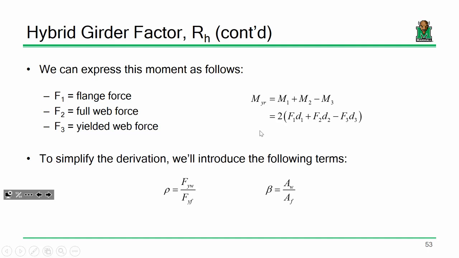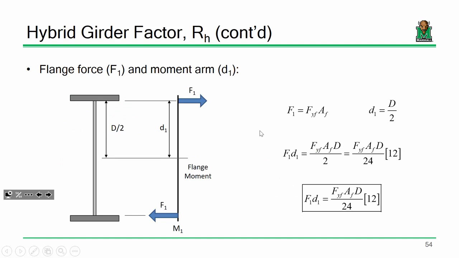I propose that the reduced moment is going to be a sum of those. To simplify this derivation before I get into this, I'm going to introduce the following terms. I'm going to introduce this term rho, which is the ratio of the yield stresses, and this term beta, which is a ratio of the areas, the area of the web and the area of the flange. Sound good? Okay. Let's start off with the first moment, this flange moment. So the flange force and the moment arm. What's the moment arm?